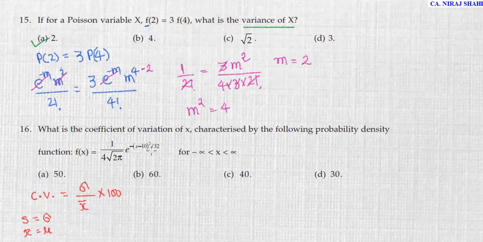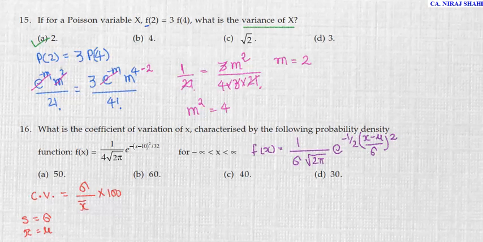Let's compare this given density function to the standard density function for the normal distribution. The standard density function for the normal distribution is f of x is equal to 1 divided by sigma under root 2 pi into e raised to minus 1 by 2 into (x minus mu upon sigma) whole square.